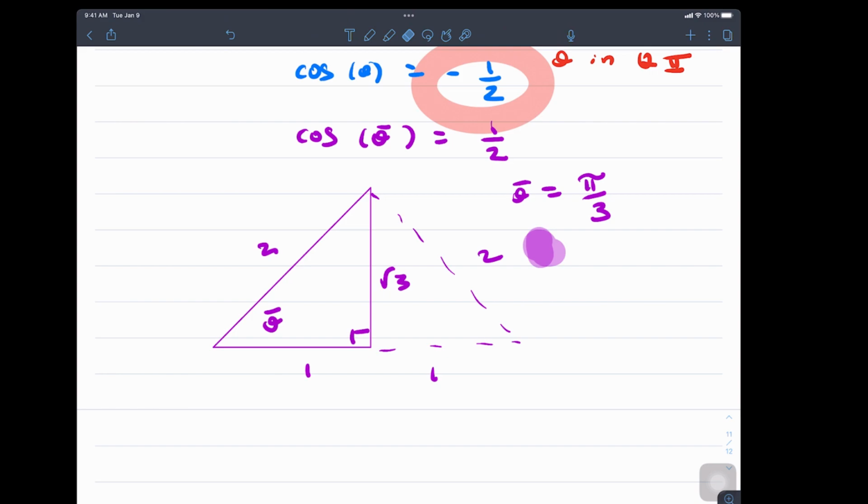So notice that symbol here. This is a reference angle. A reference angle. This is an important detail. Extremely important detail. Pi over 3.